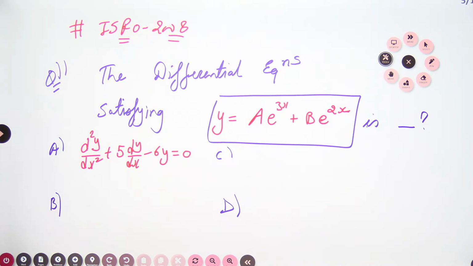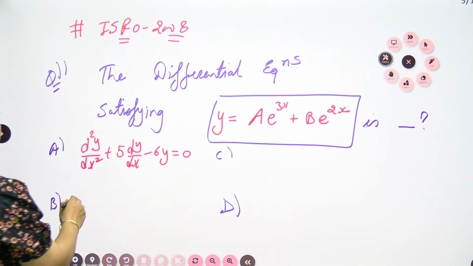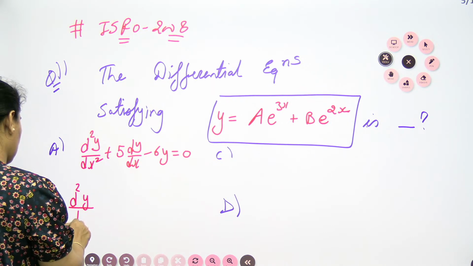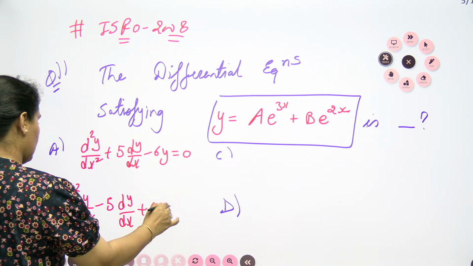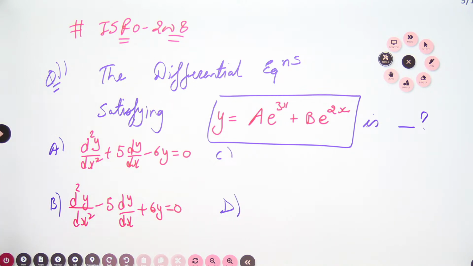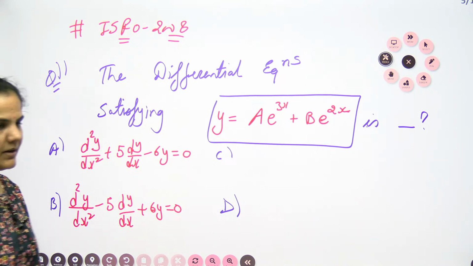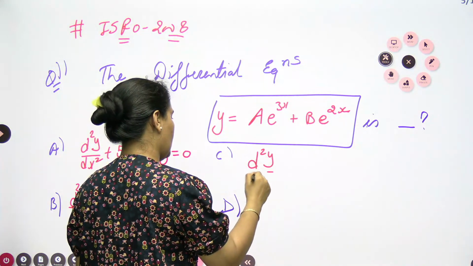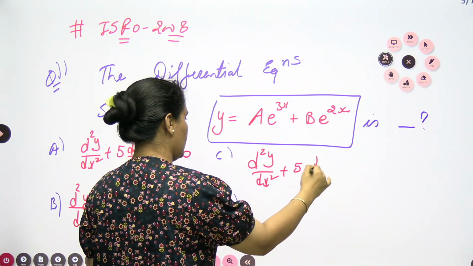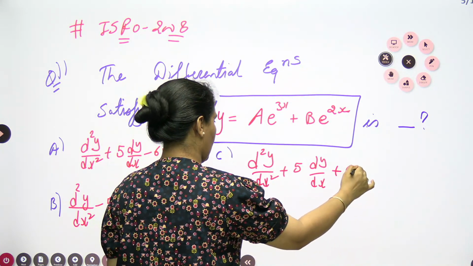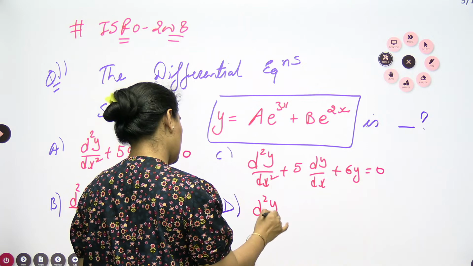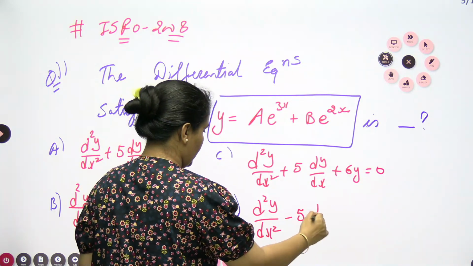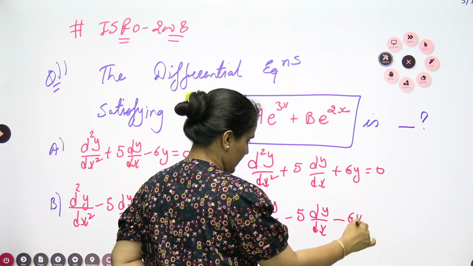Second option is d2y by dx2 minus 5 dy by dx plus 6y equals 0. The third one is d2y by dx2 plus 5 dy by dx plus 6y equals 0, all positive. And the last one is both negative: d2y by dx2 minus 5 dy by dx minus 6y equals 0.